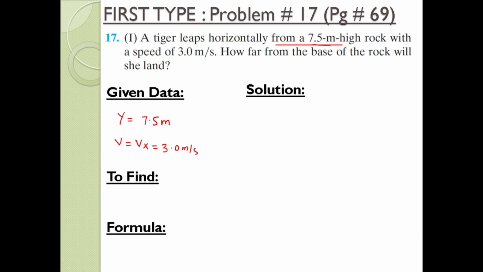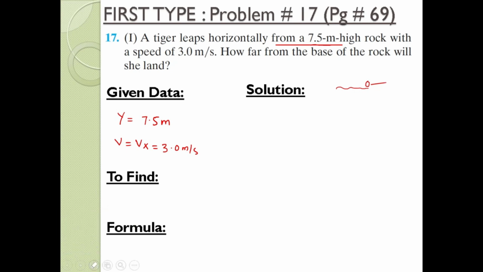In type 1 they are asking us to find how far the tiger will land. If this is the rock and the tiger is going to jump from here, it will have this velocity, that you can say horizontal velocity.